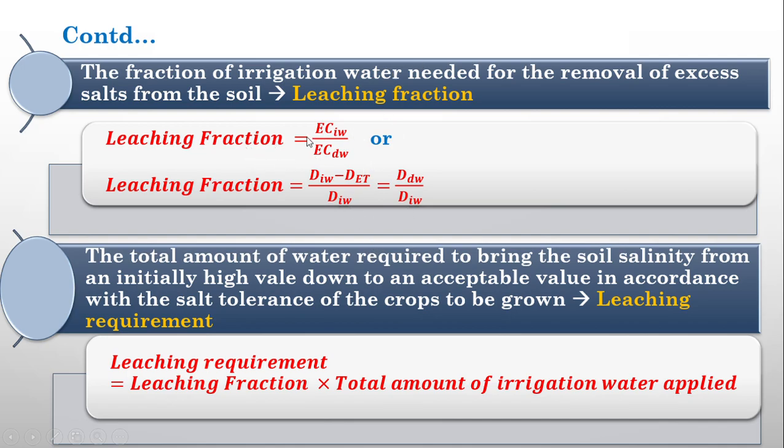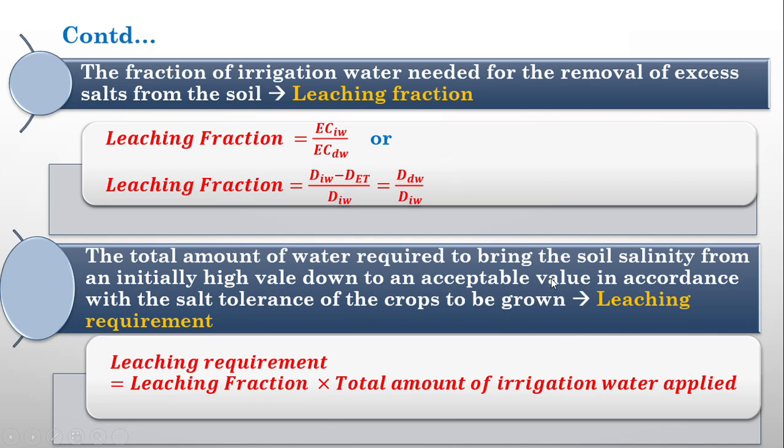One is ECiw/ECdw, where ECiw means electrical conductivity of irrigation water, and ECdw means electrical conductivity of drainage water. The leaching fraction can also be expressed by another equation, ddw/diw, where ddw is the depth of drainage water and diw is the depth of irrigation water.